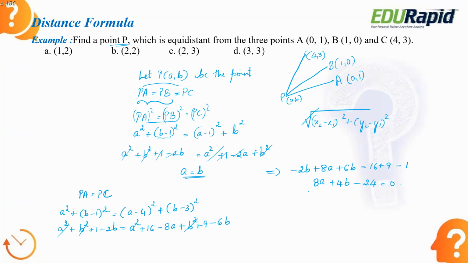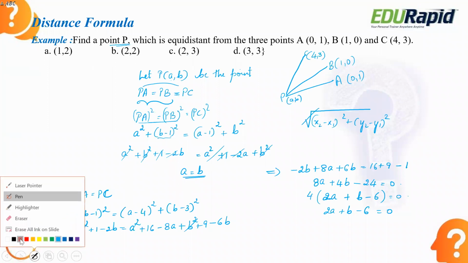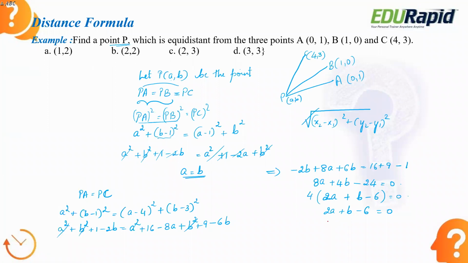What's common to me here? Can I say it's 4? Yes, if I take out 4 as common, 2a plus b minus 6 is equal to 0. What can be done next? I need to find the value, and I have another hint here, that is a is equal to b. Let me replace b by a.